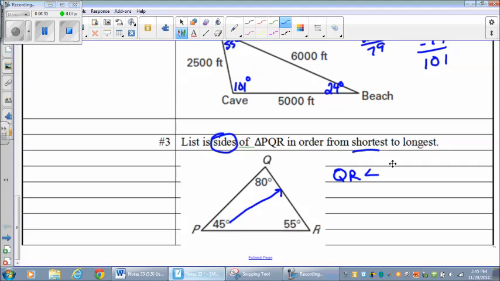Okay, I'm going to say it's less than. And then the second angle is 55, so its side would be PQ. And then the largest angle has to be the remaining side, which is PR. There's your answer.